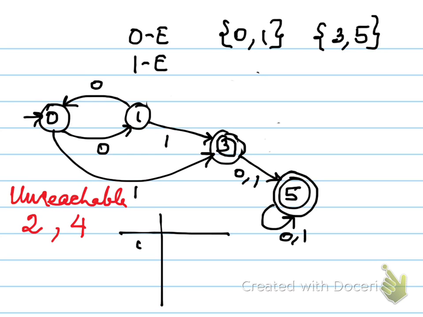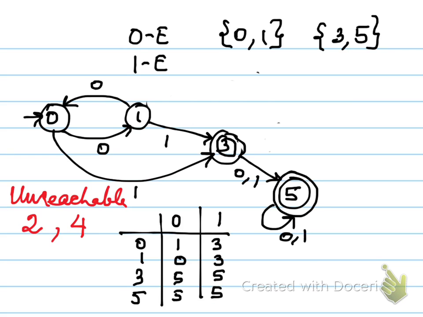So I have 0, 1, 3 and 5, and 2 input symbols, 0 and 1. 0 on 0 goes to 1. 0 on 1 goes to 3. 1 on 0 goes to 0. 1 on 1 goes to 3. Then 3 on 0 goes to 5, and 3 on 1 also goes to 5. And 5 on 0 goes to 5, and 5 on 1 also goes to 5.